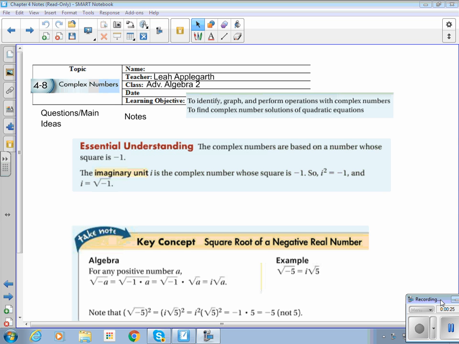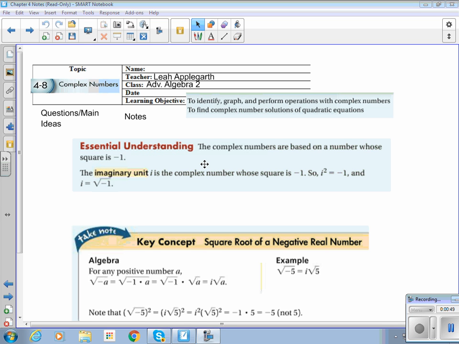So our learning objective is to identify, graph, and perform operations with complex numbers, and to find complex number solutions of quadratic equations. So our essential understanding is that complex numbers are based on a number whose square is -1.